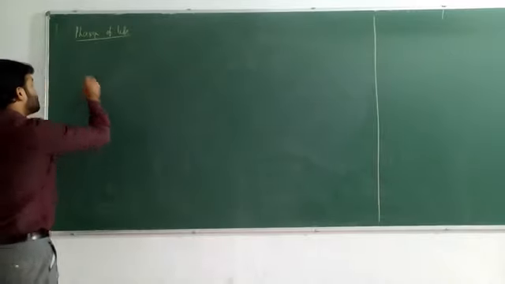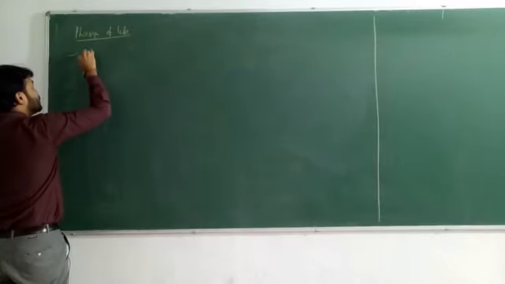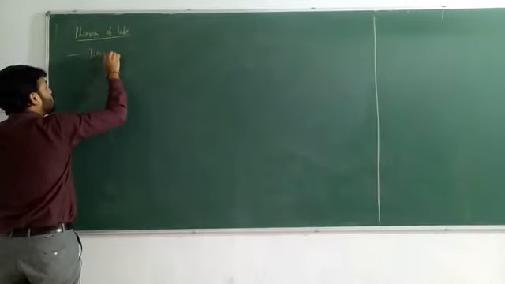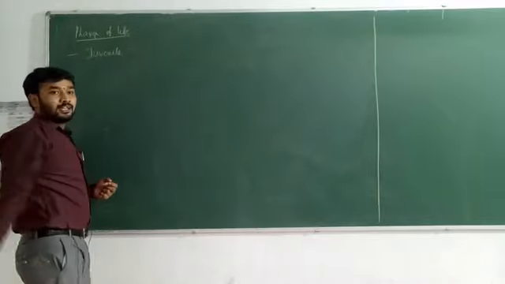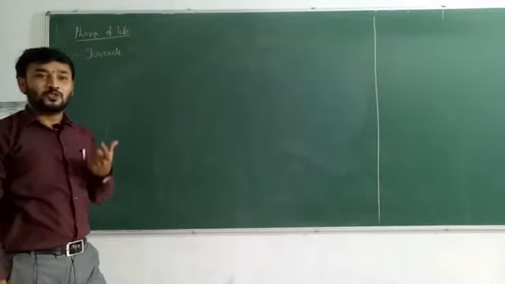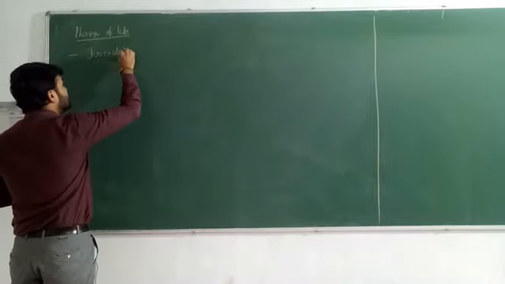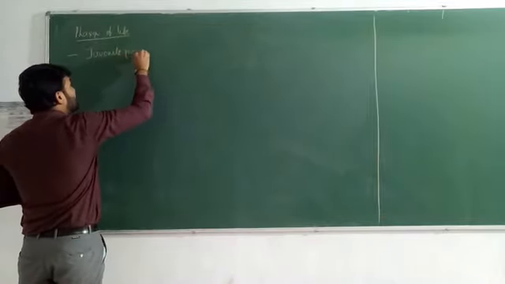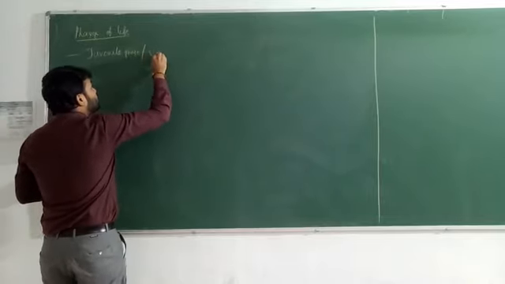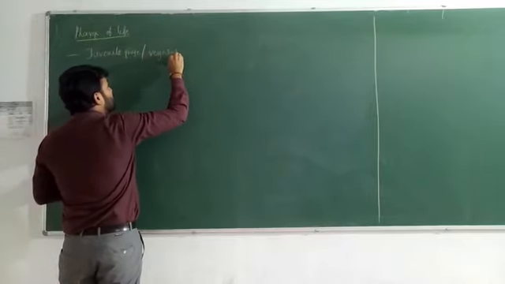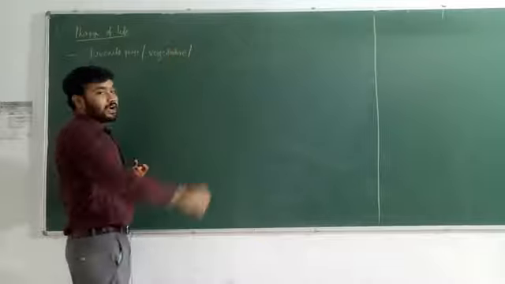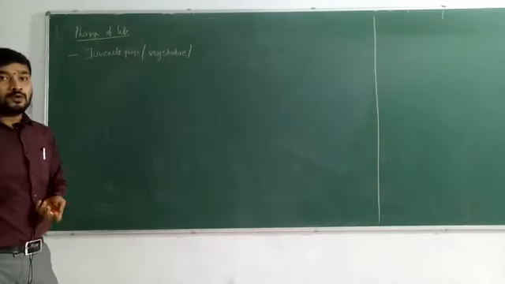So as I said, the first phase is called the juvenile phase. What do you mean by juvenile? We call them young ones. Juvenile means young. So the juvenile phase is nothing but the vegetative phase in plants. It means the phase in which the plant body grows, which we call the vegetative phase.